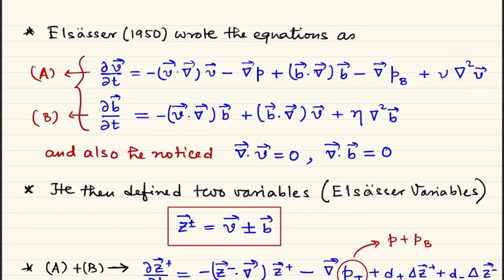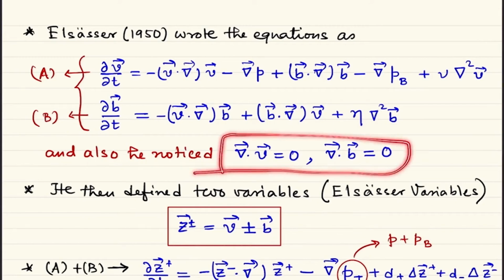And here he just said that the constant density is now normalized to unity, so we don't write the rho any longer. And then we write ∂b/∂t is equal to minus V dot nabla b plus b dot nabla V plus eta times nabla square, or Laplacian, b. And finally he had this too.